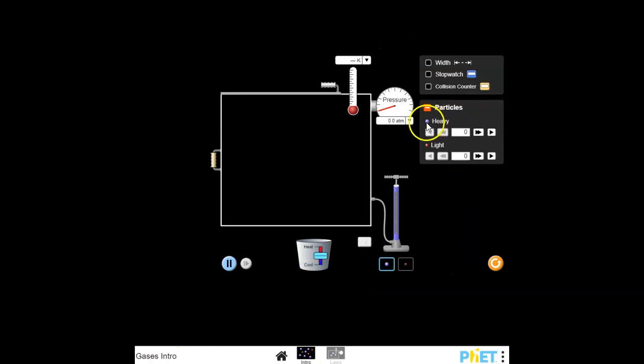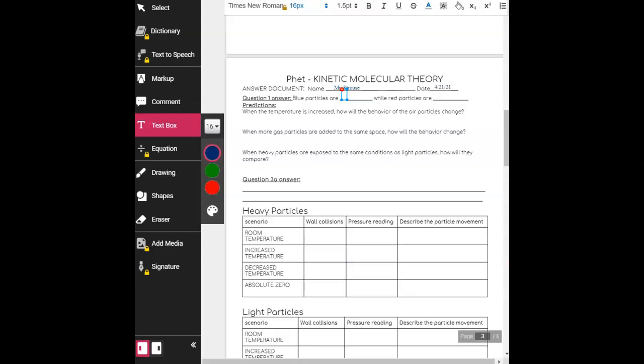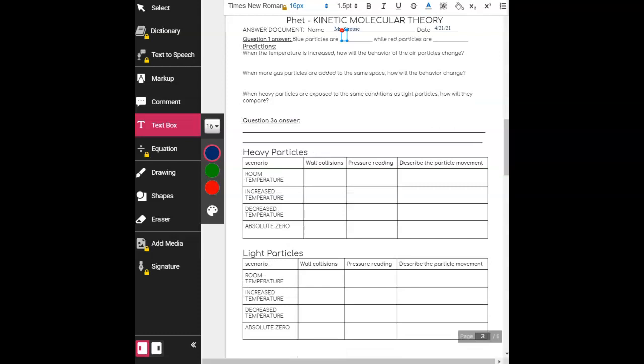It says right here, blue particles are heavy, red particles are light. So we're going to write it right in there. Okay.